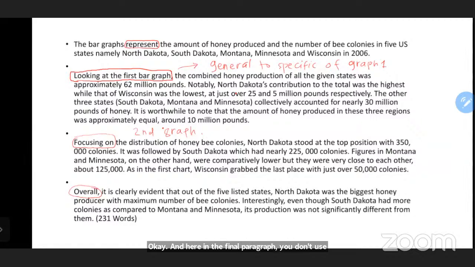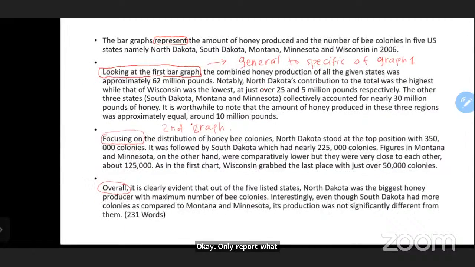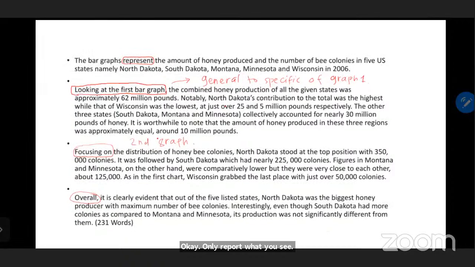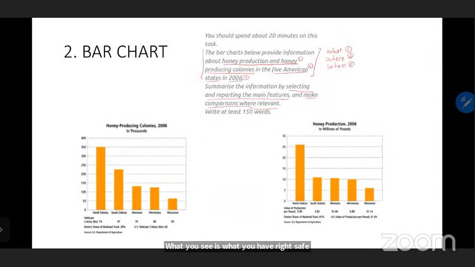Never use your own opinion, because this is Writing Task 1. Okay, only report what you see. What you see is what you write. Save your opinion for Writing Task 2. Okay, so never use your opinion and never make a conclusion by using the words in conclusion. To conclude, don't do that.